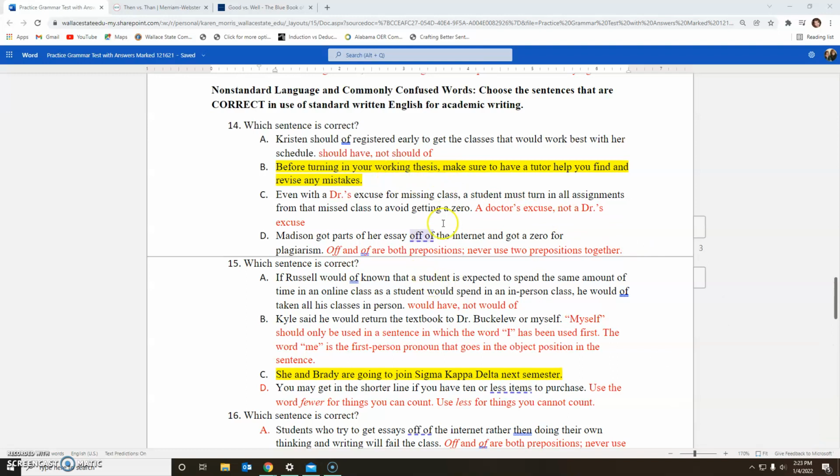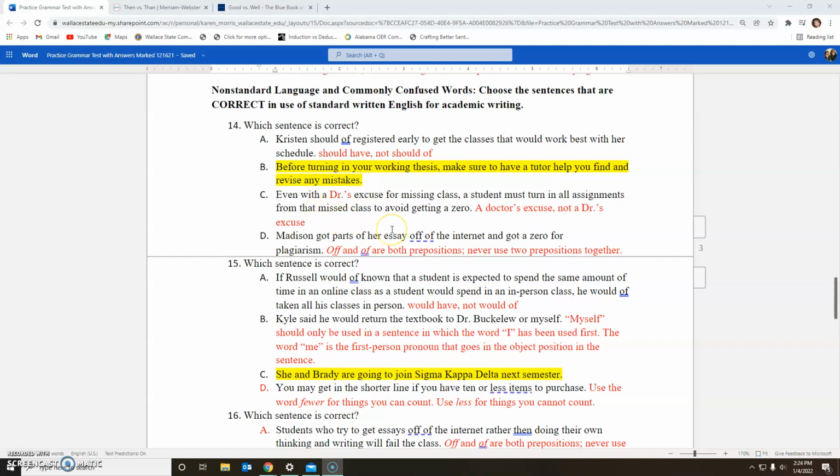Then we have C. A lot of students want to use the abbreviation or the title that should come before someone's name, Dr. Smith, Dr. Buckaloo, Dr. Nix. You have "Dr." before a name only in this title format.